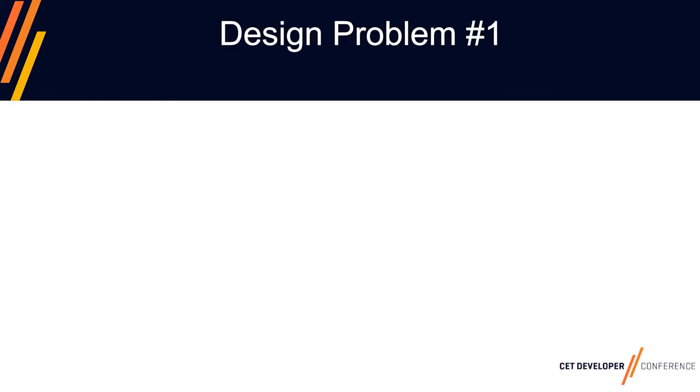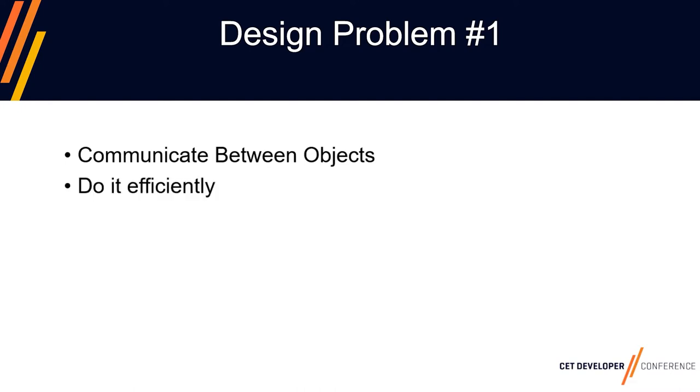So fitting with that theme of fitting a pattern to the problem that you actually have, let's start with a problem. We want to communicate between different objects. We want to do it efficiently, meaning we're not going to be sending or receiving more information than is actually necessary.